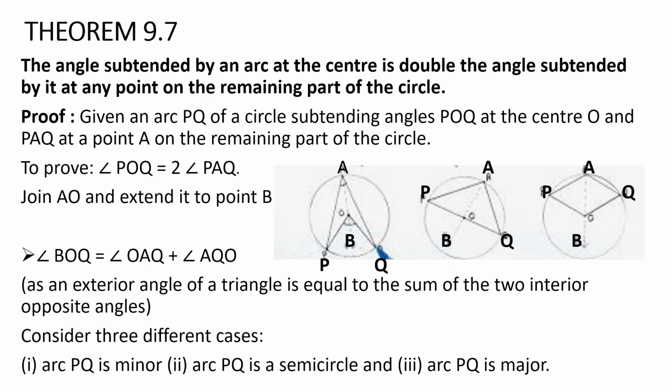Now this is important. Consider three cases. Now suppose your arc PQ is the minor arc. That is the first case. Second case is arc PQ forms the semicircle. And third case is arc PQ is the major arc. So let us consider the three cases.